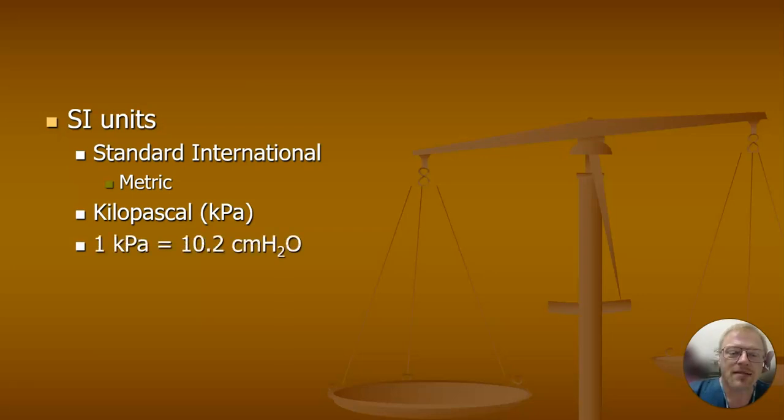And 1 kilopascal is equal to 10.2 centimeters of water, or 7.5 torr, or millimeters of mercury. Remember that torr and millimeters of mercury are the same. In the next video, we're going to talk about how we convert between one scale and another scale.